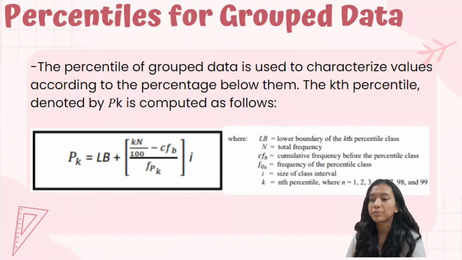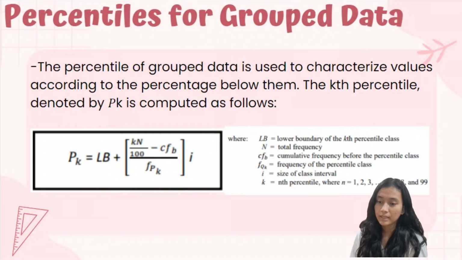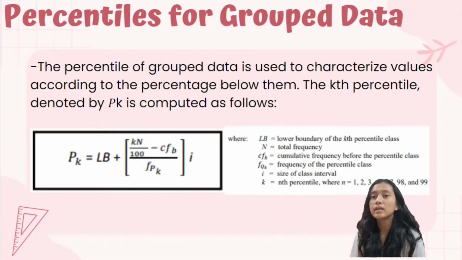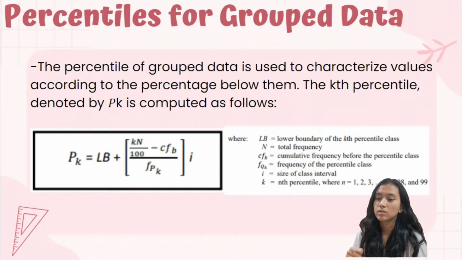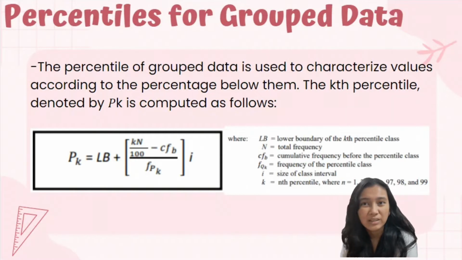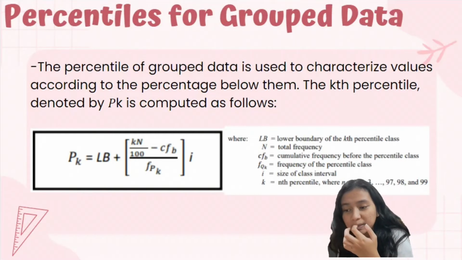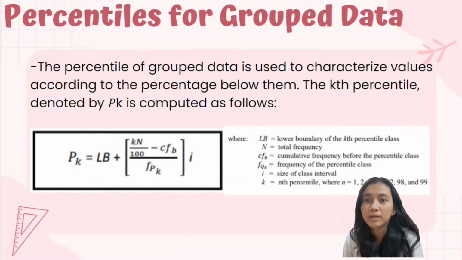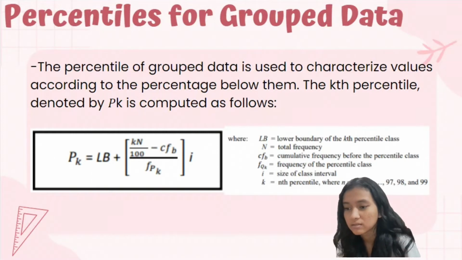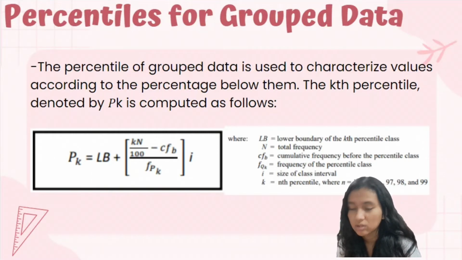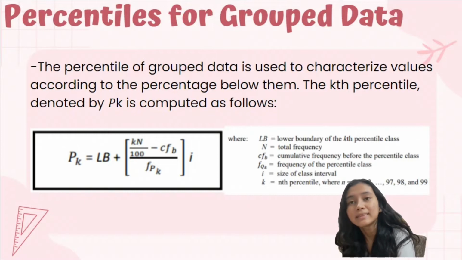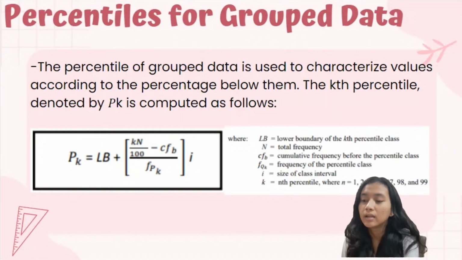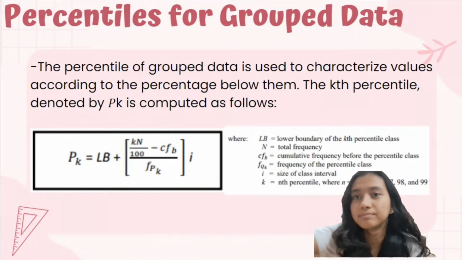So the formula for percentile of group data is: the value of the percentile equals lower boundary plus open parenthesis k times n all over 100, minus cumulative frequency before the Pk class, all over frequency, close parenthesis, times size of the class interval.